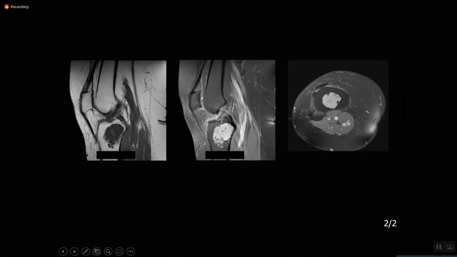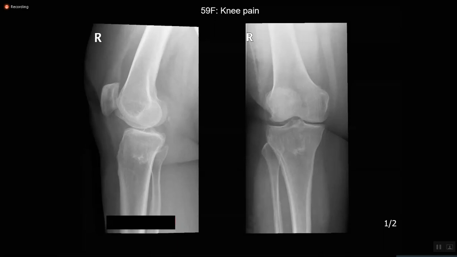The malignant transformation of an enchondroma or chondroid lesion, whatever you want to call it, on a plain film has some characteristics, as in, it will become lucent, so there will be a lytic lesion and other parameters.